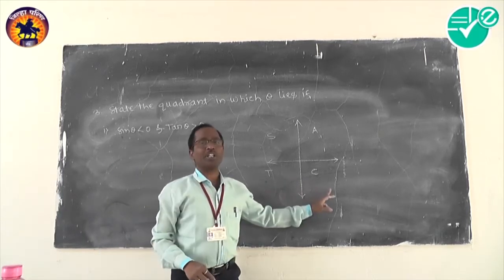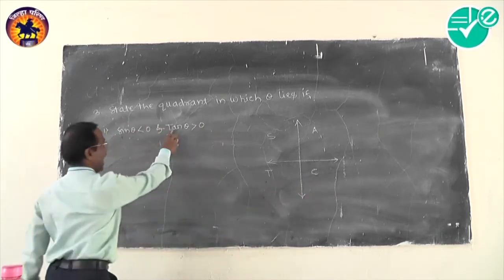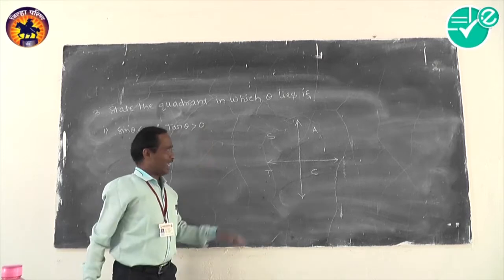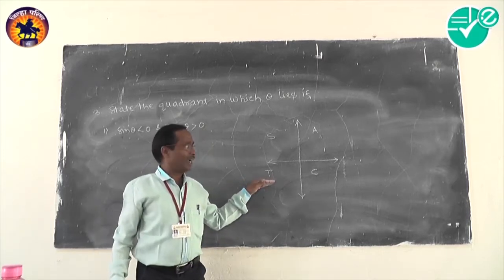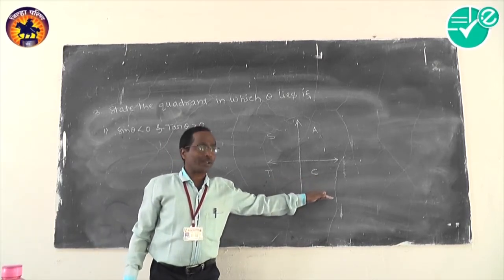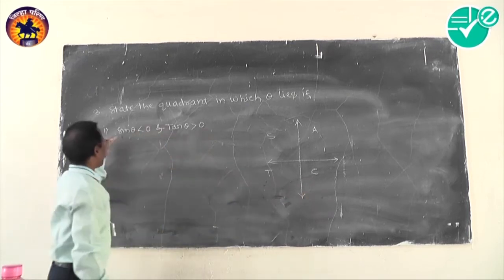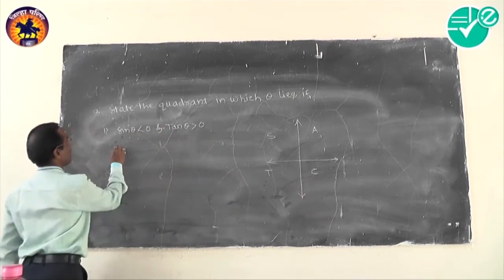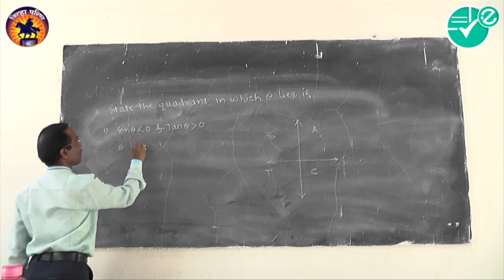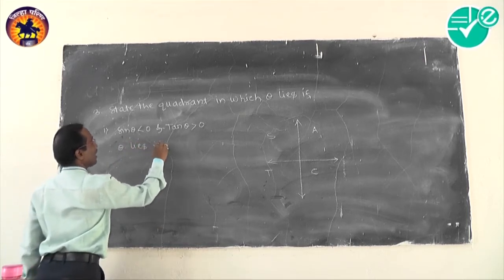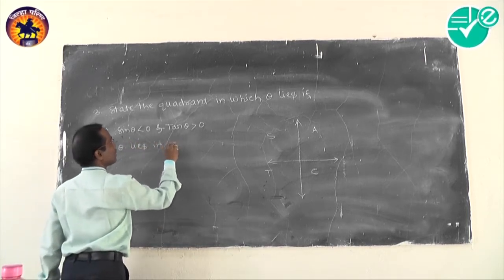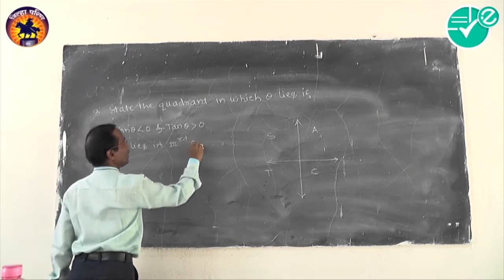Third and fourth quadrant. But tan theta is positive in third quadrant and negative in fourth quadrant. Means here theta lies in third quadrant.